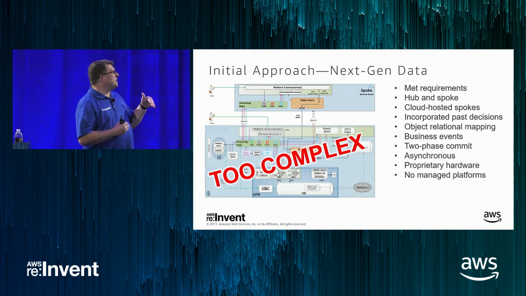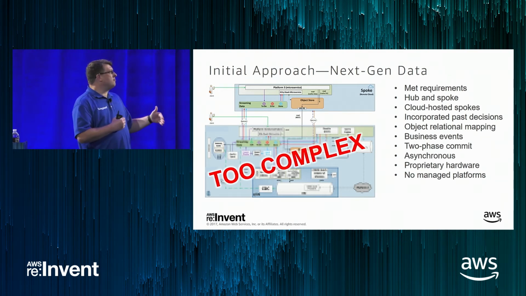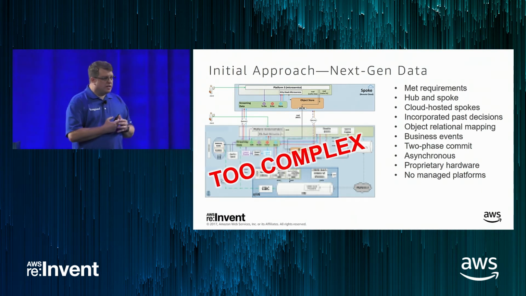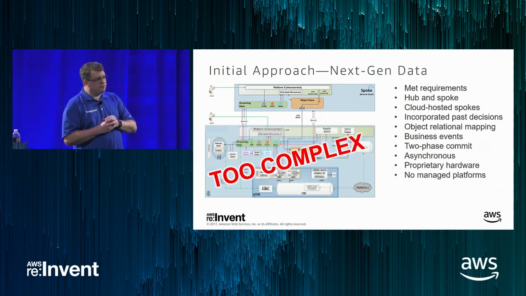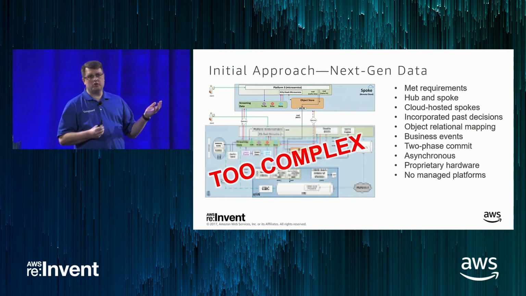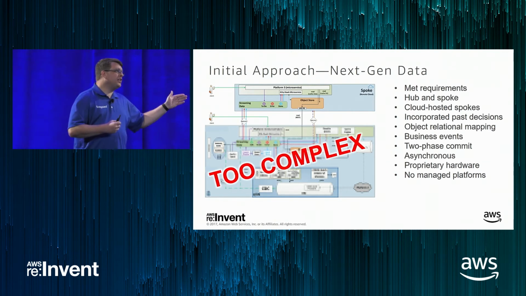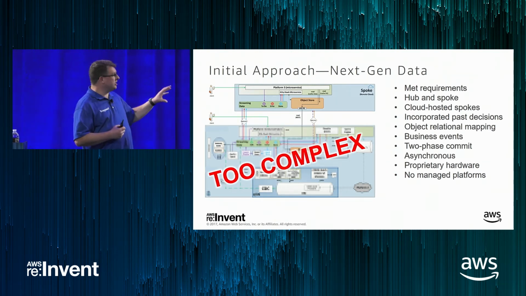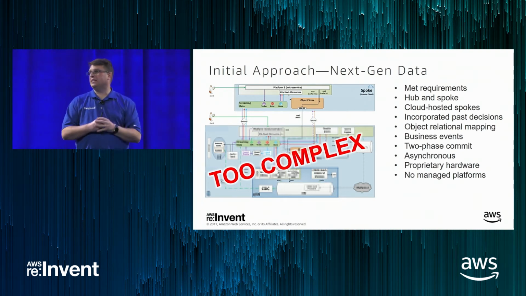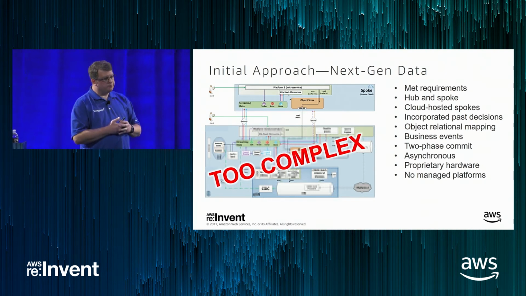In order to deal with the fact that we had the relational model on-prem in DB2 and the object model out in the cloud, there was a fairly sophisticated object relational mapping that worked in two different layers. The first, if there was a cache miss in the object store, and the second, when changes were actually happening to DB2 outside of this system, via batch, via our existing monolithic applications, taking those changes and replicating those out to the object store at the spokes.